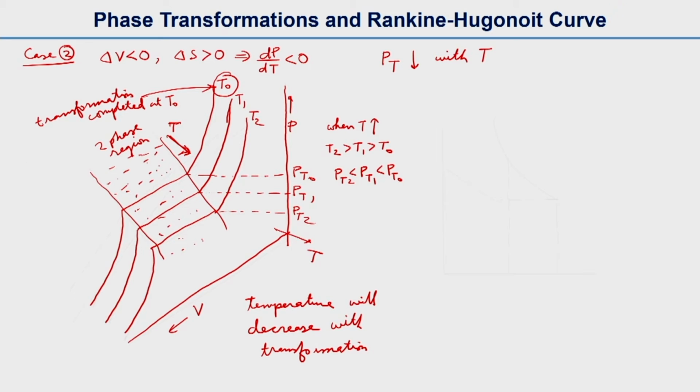This case can be drawn again in a simpler PV plane, like our previous case. So in this case, first we will draw the isotherm as a dashed line.